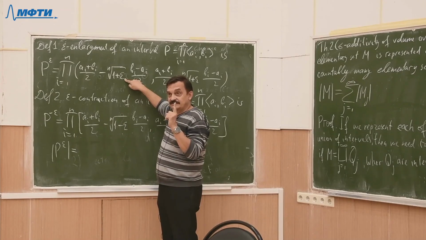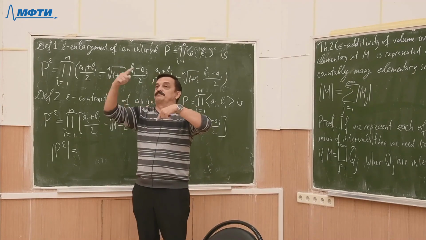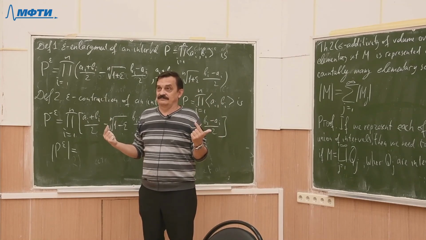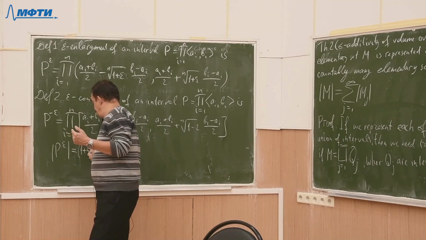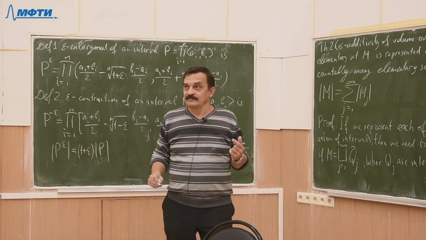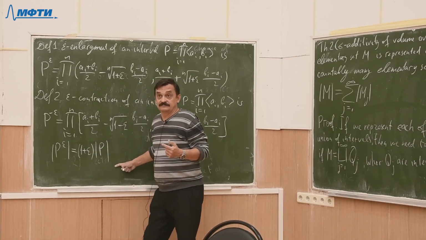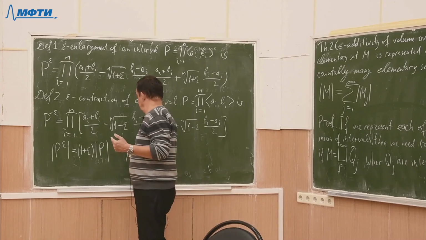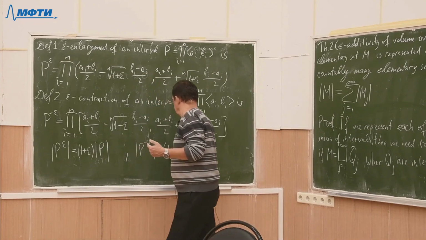To compute the volume, we need to multiply them, so altogether we obtain a factor of 1 plus epsilon. That is the main property. And also, for epsilon contraction, we have this.